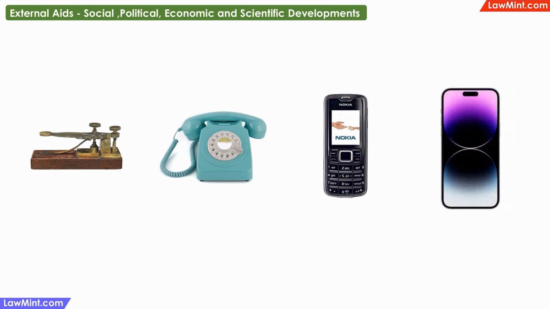The courts will have to consider social, political, economic, and scientific developments while interpreting statutes. For example, when the original telecommunication laws were written, telegraphs were being used commonly. So, the laws were mainly written to cover the transmission of the written word through a wire. Then came telephones, which brought in transmission of the spoken word, that is, voice through a wire.